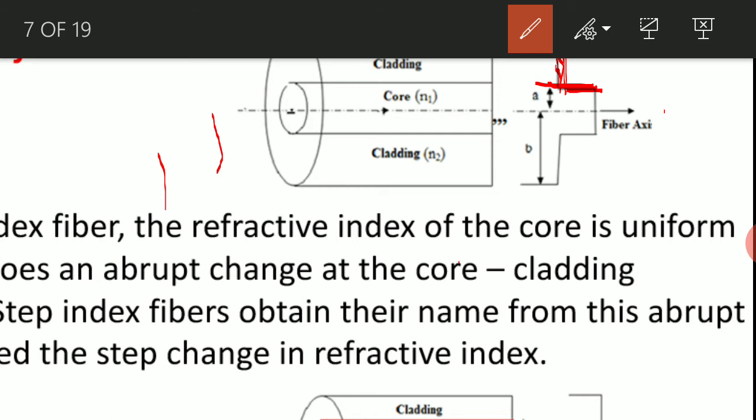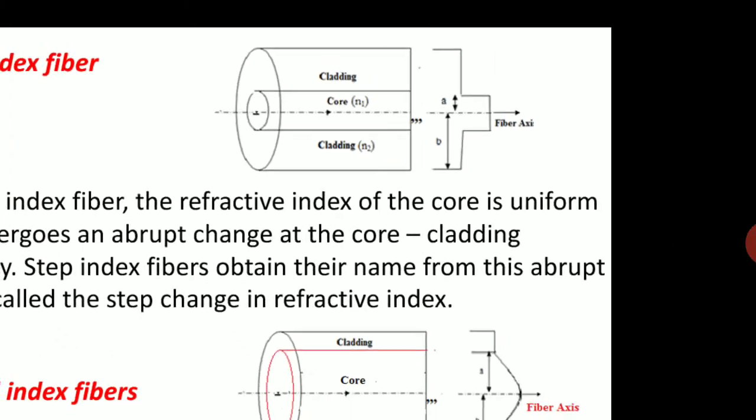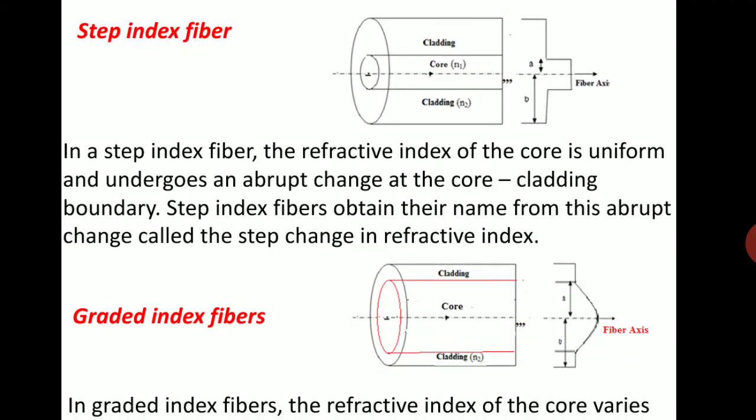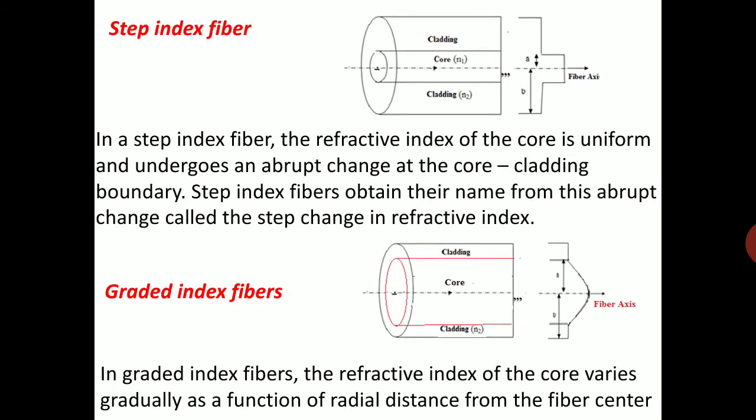Similarly, as we move from core to cladding, here also there is a step change in the refractive index. So there is a step variation in the refractive index when we move from core to cladding or cladding to core. This is known as step index.